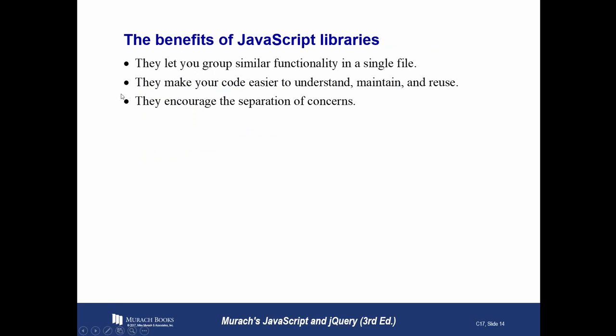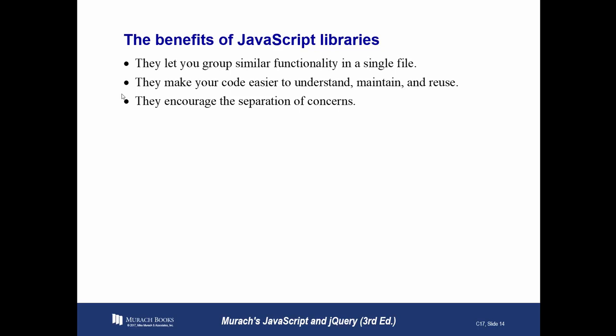All right, let's sort of change gears here and talk a little bit about JavaScript libraries. JavaScript libraries have three major benefits. The first one, basically, by letting you group similar functionality in a single file, all right, what you're doing is you're having more of a separation of concerns.